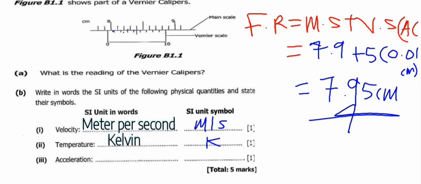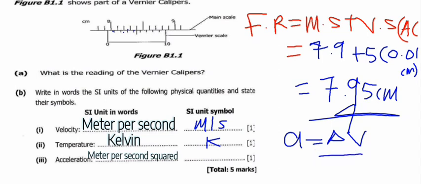Then we have acceleration. Acceleration is measured in meter per second squared. This is coming from the fact that acceleration is equal to the change in velocity over the change in time.